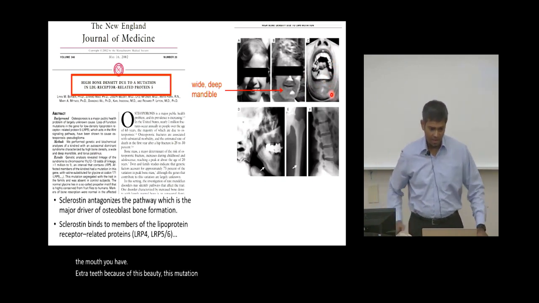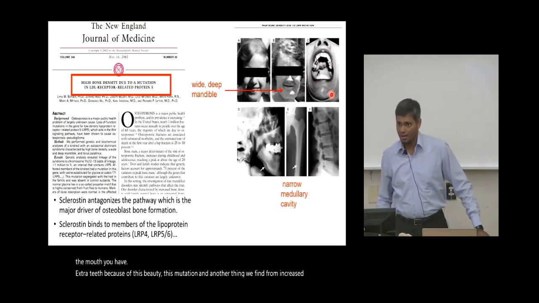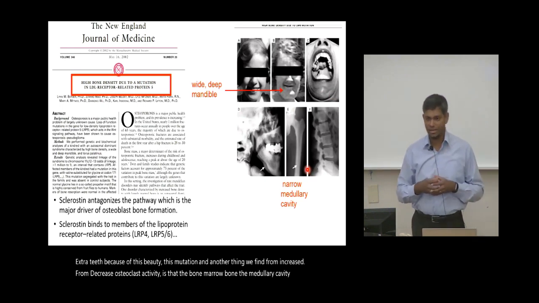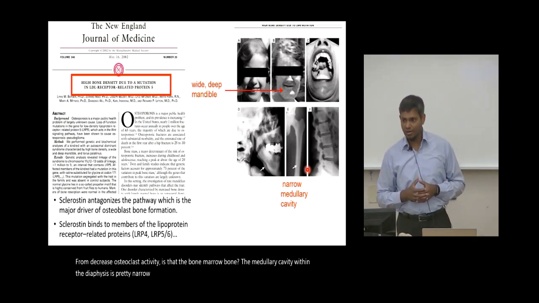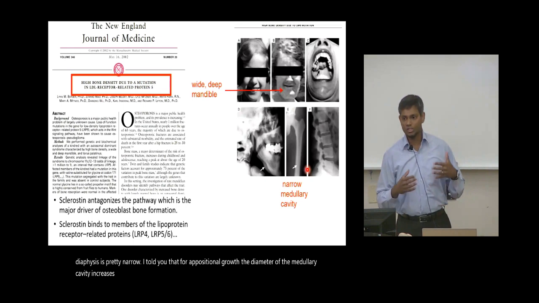Another thing we find from decreased osteoclast activity is that the bone marrow, the medullary cavity within the diaphysis, is pretty narrow. I told you that for appositional growth, the diameter of the medullary cavity increases through osteoclast activity.